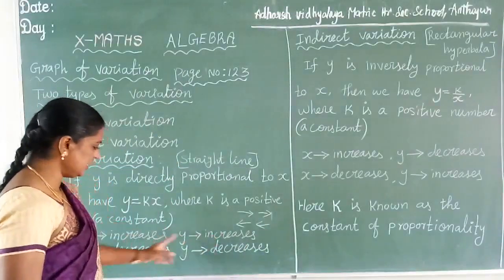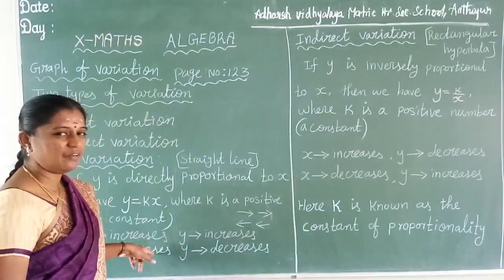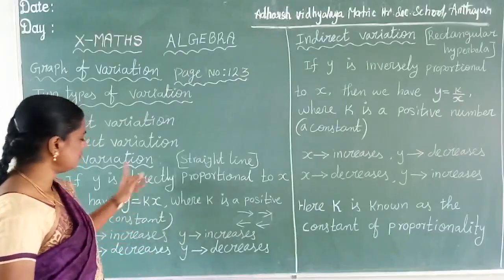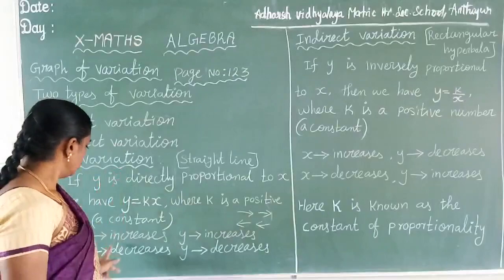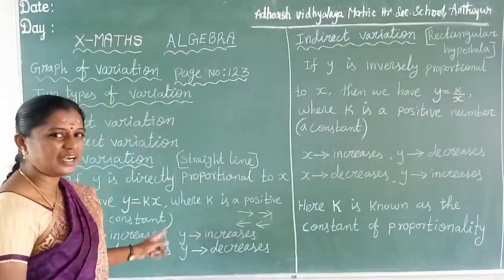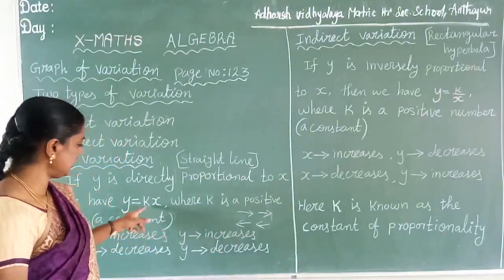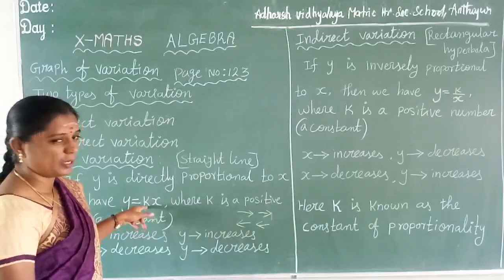X and y both increase or x and y both decrease, that type of variation is direct variation. In this graph, we get a straight line. Here k is a constant value, and this differs from problem to problem.